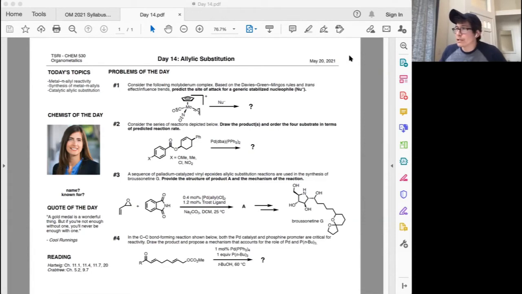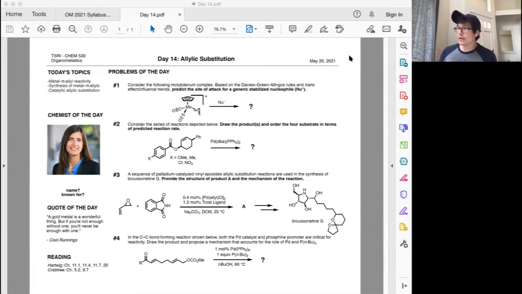The focus of today's talk is going to pick up in many ways right where we left off, focusing on addition of nucleophiles to metal pi bond containing systems. We focused the previous talk on Wacker type nucleopalladation.